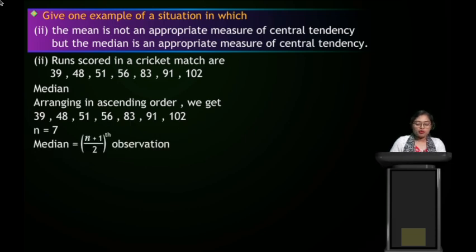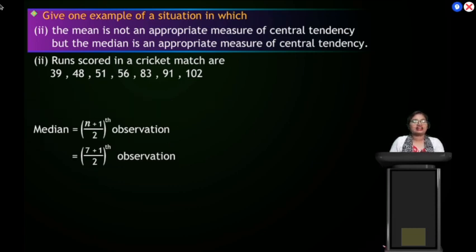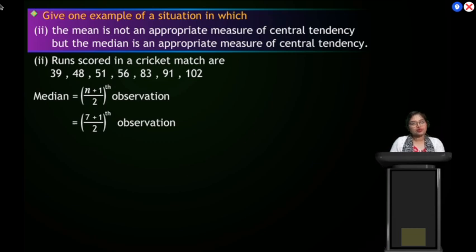So what is the formula for that? Yes, the median is the (n plus 1) by 2th observation. Here n is 7, therefore 7 plus 1 divided by 2 is, yes, you are correct, it is the 4th observation, isn't it?